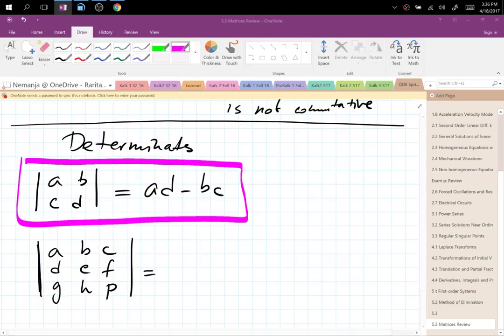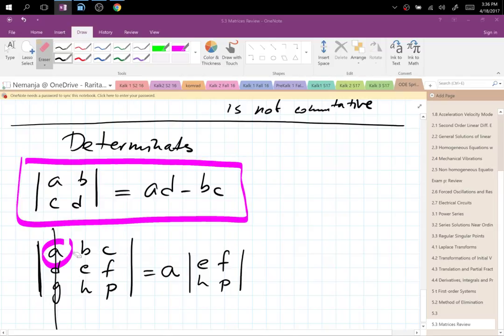You will pick A, so I write A, and when you pick A, then you will delete that row and a column, and you see that now you need to multiply that A into the determinant of EFHP.